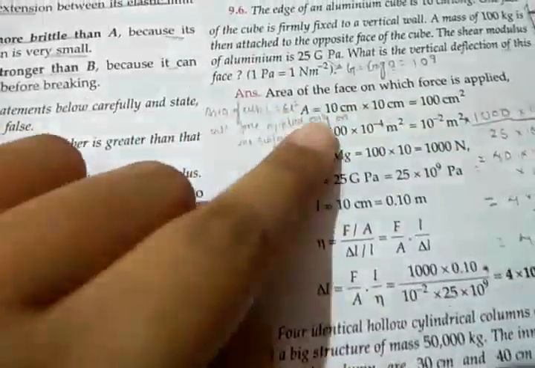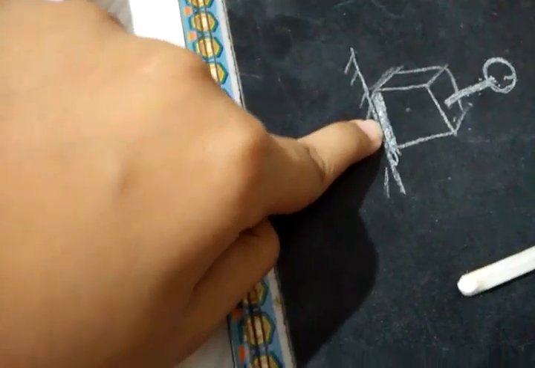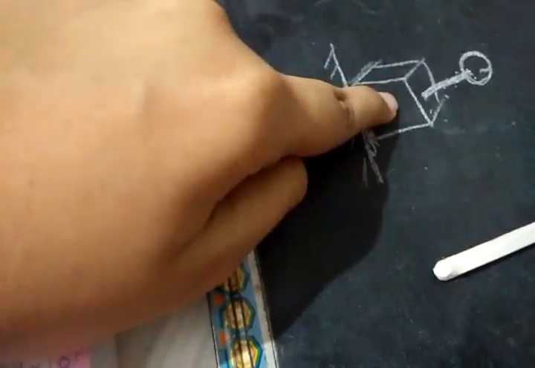So the area of the face is 10 into 10. Why 10 into 10? The area of a cube is 6L square, but we have taken L square, because the force is applied only on this face, on this square only. So that's L into L, that's why this area. Force is equal to mass into acceleration due to gravity.